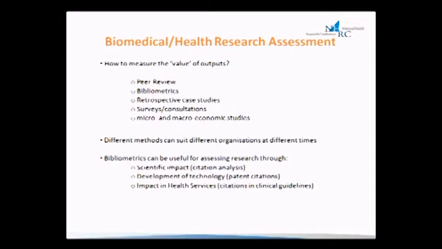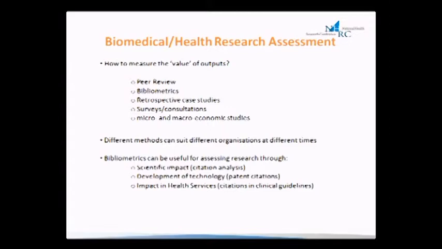However, I realise this session is mainly around the assessment of biomedical and health research. And so this slide basically details a quick summary of some of the things I found out. If you think of how to actually measure the value of research outputs within the health and medical field, it's quite a different and particular situation. You have the classic and more traditional peer review and the use of bibliometrics, but you also have a lot of retrospective case studies.